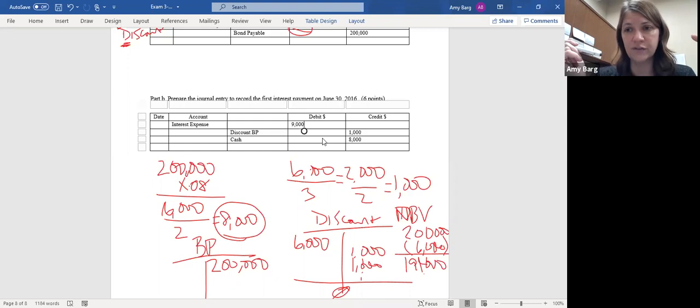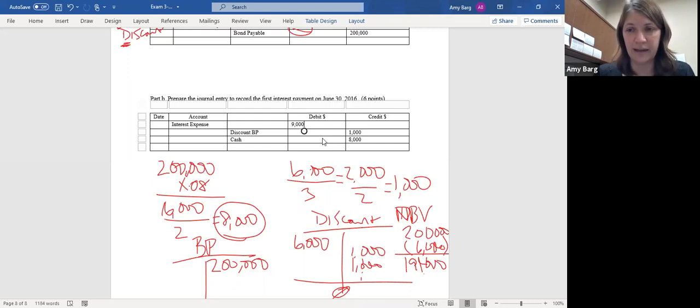Remember, with the statement of cash flows, there were things that were non-cash expenses. The interest expense is part of that. Interest expense is going to be a non-cash expense. On the statement of cash flows, you would add back any bond amortization. You're not going to do that in intro, but if you were to do a more advanced one, that might be on there.